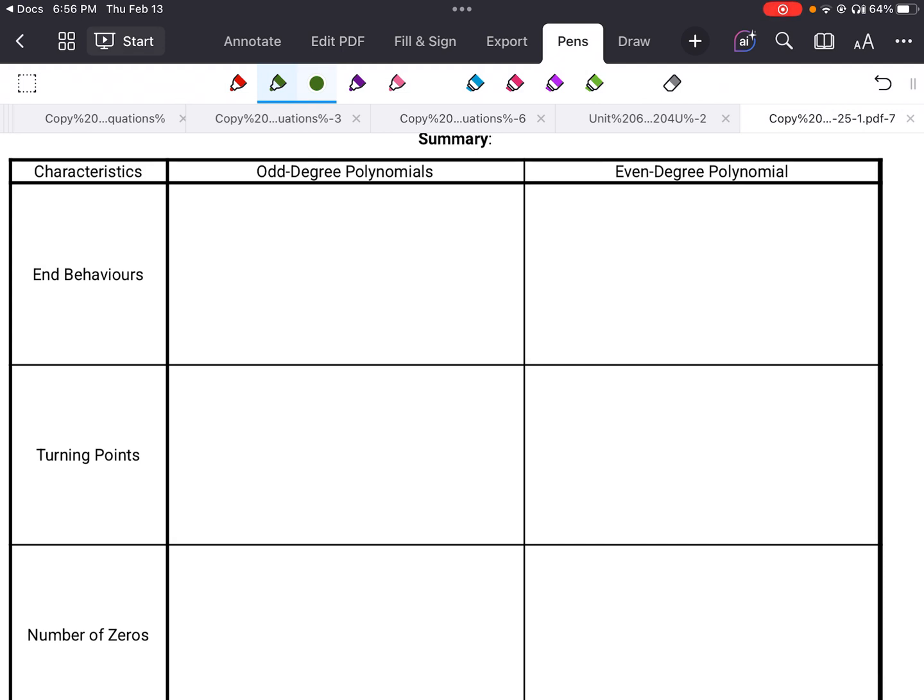Okay, so the information we need to know, the end behaviors: if the leading coefficient is positive in odd degree polynomials, when x is approaching negative infinity, y is approaching negative infinity. And when x is approaching positive infinity, y is approaching positive infinity.